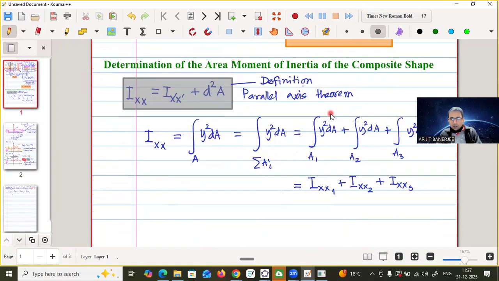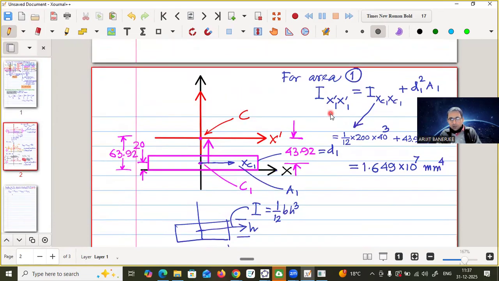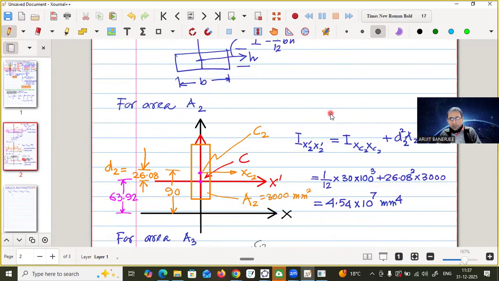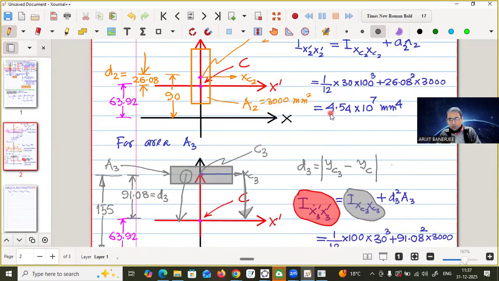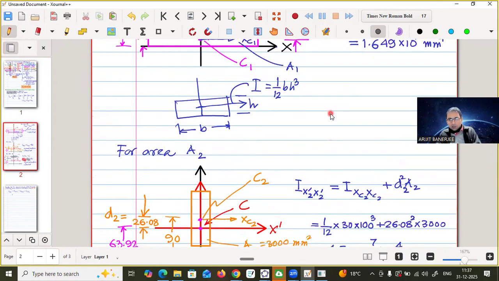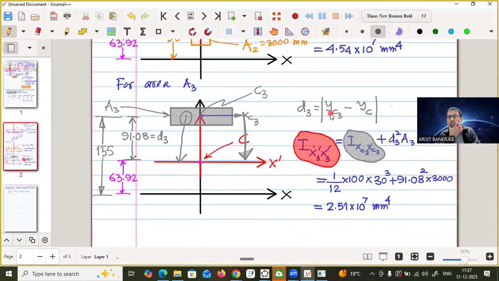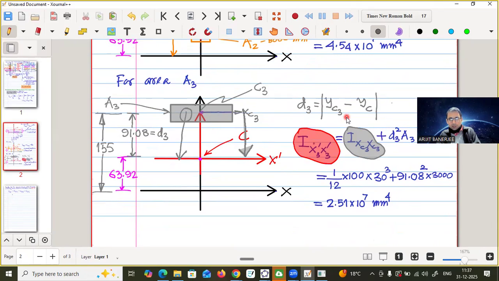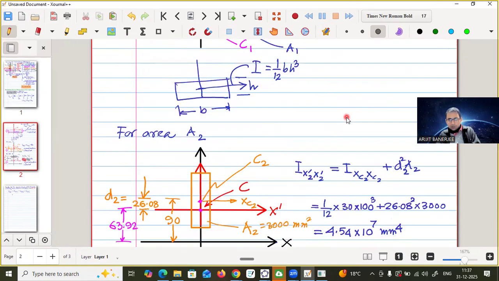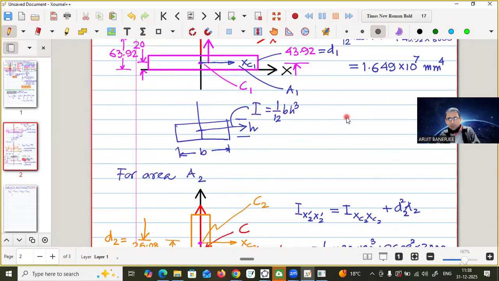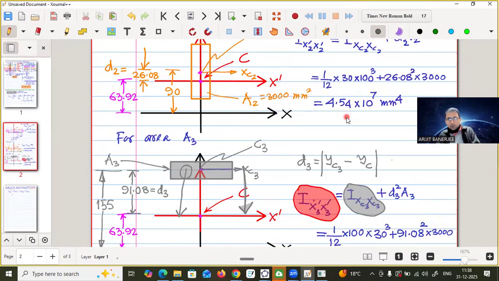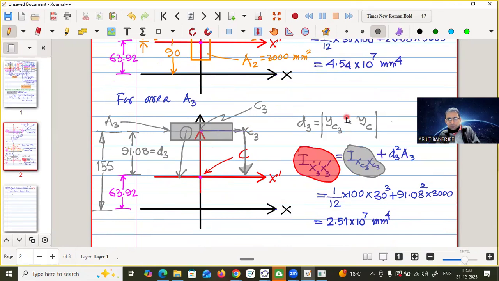699. First one was 1.649. Please maintain the number of digits so that it will be similar. If you are keeping 3 digits, actually it should be significant digits. Because the areas are measured in millimeters, the number of significant digits should be considered. But here you don't have to; you just maintain a number of digits. 1.65 you can write, and then 4.54 and 2.51.